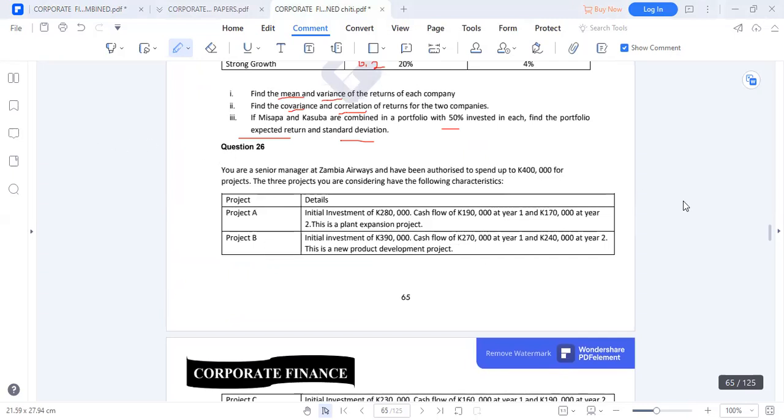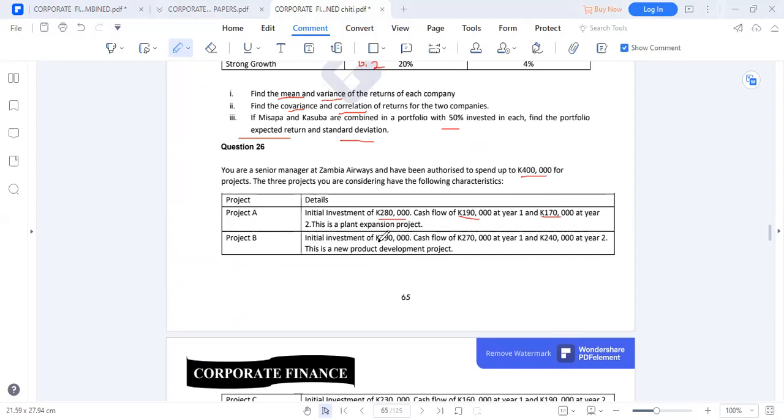So a senior manager at Zambia Airways, you're authorized to spend up to 400,000 for projects. The 3 projects you're considering have the following characteristics. Project A has an initial investment of 280, cash flows year 1 is 190, year 2, 170. And the project is an expansion project.